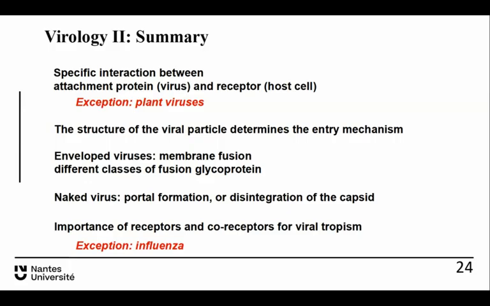And of course, this step has got to occur at the right time. If this happens too early, you've got premature genome ejection, and it's not going to be good for replication of the virus. And the last point: these receptors and co-receptors are important for virus tropism, except for influenza, because it's the priming protease which really restricts the tropism.